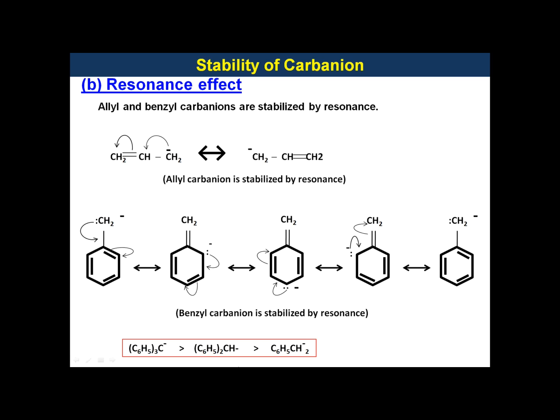In diphenyl methyl carbanion, the negative charge is delocalized over 2 benzene rings, whereas in triphenyl methyl carbanion, the negative charge is delocalized over 3 benzene rings. Thus, the order is as given here. The triphenyl methyl anion is most stable, whereas allyl carbanion is least stable.